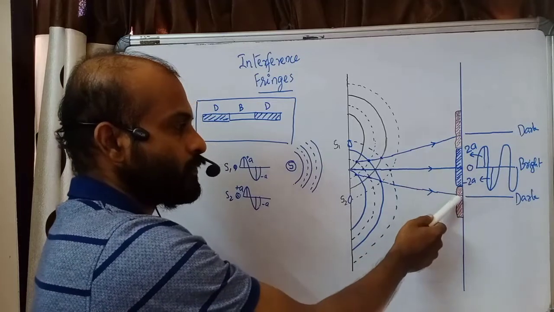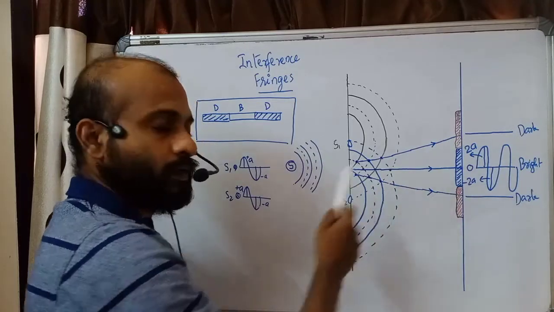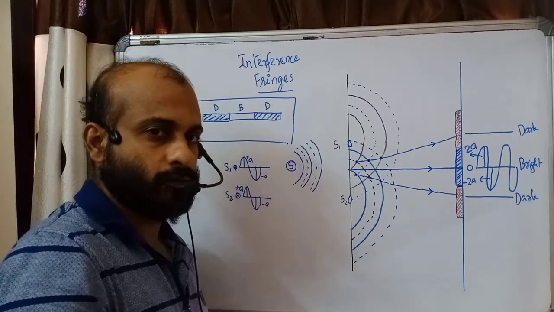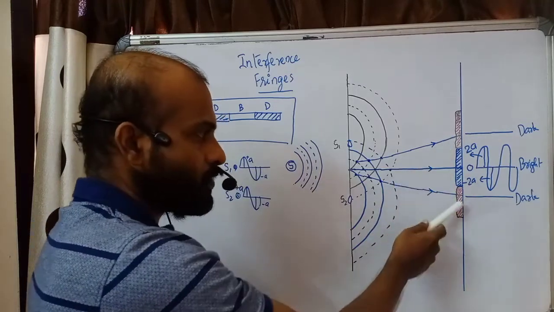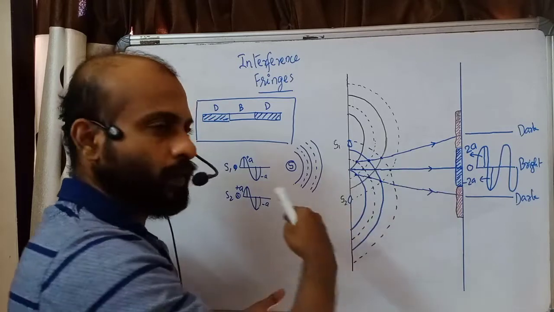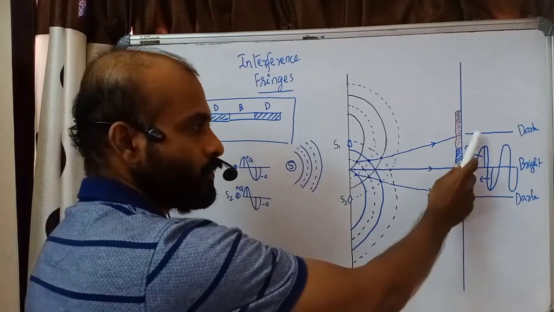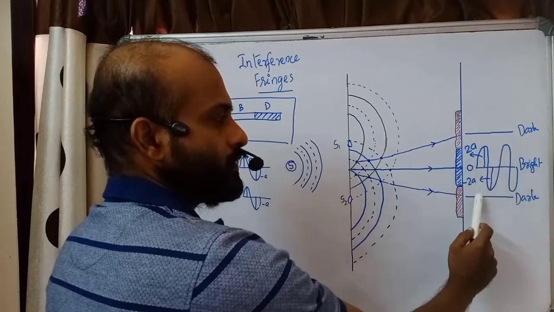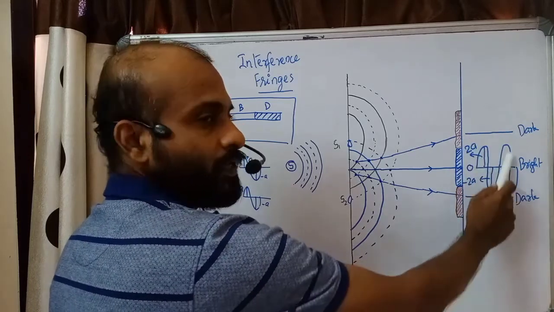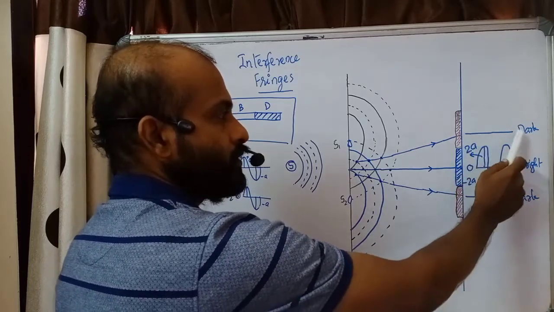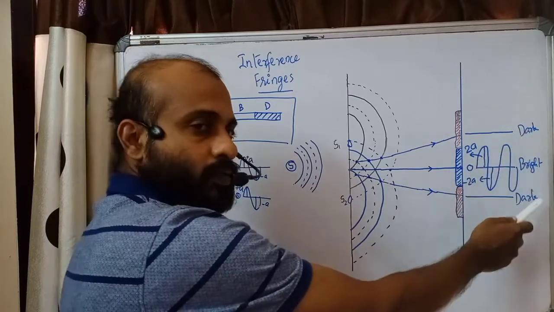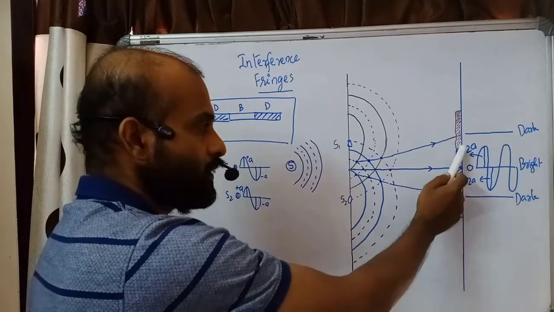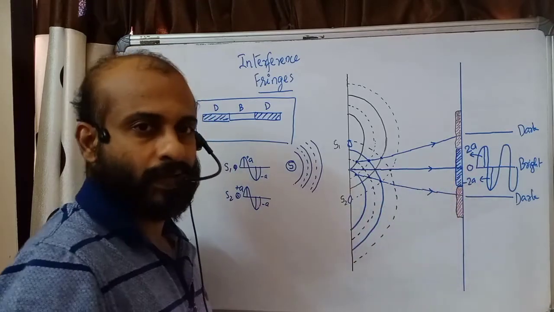And these two points correspond to points where destructively the crest is meeting the trough. Interference will be destructive and the net displacement will be cancelled, so the net resultant displacement is 0. We don't have a wave at all, only a horizontal line like this. Here we have oscillations; here we don't have any variation, meaning the net intensity will be 0 at these points. So these points correspond to dark bands, and the center corresponds to the bright band.